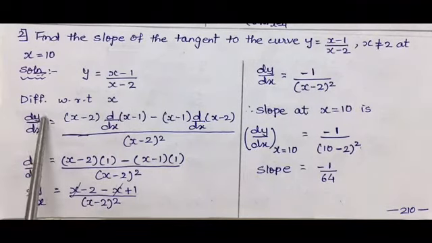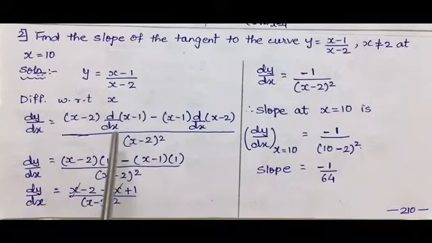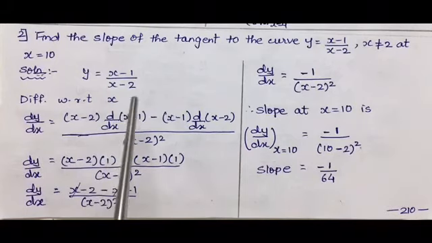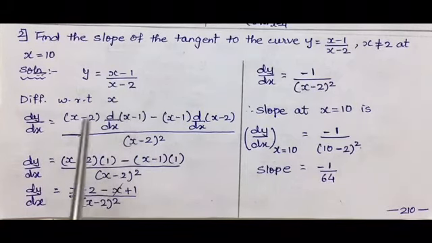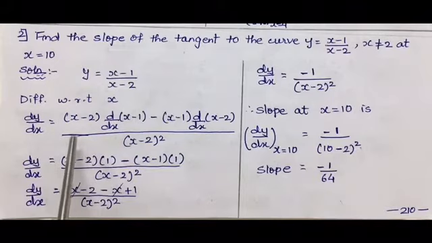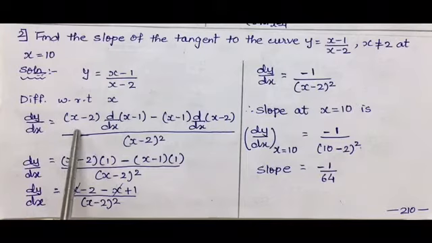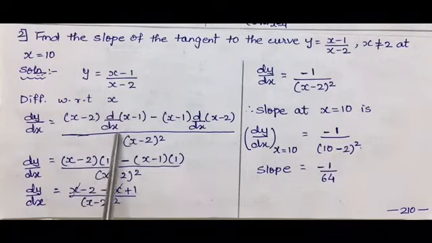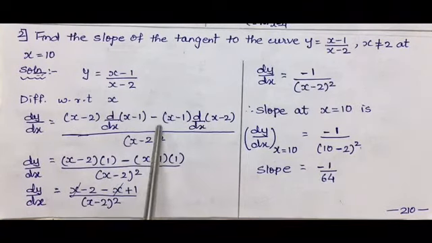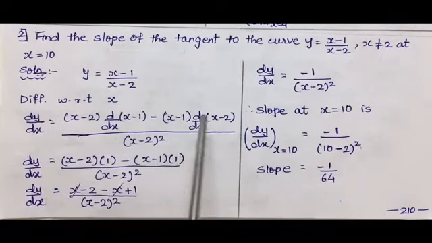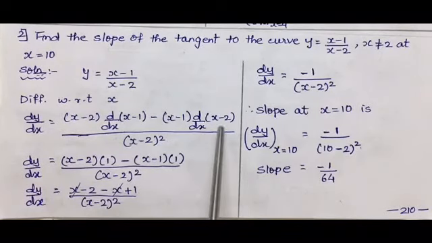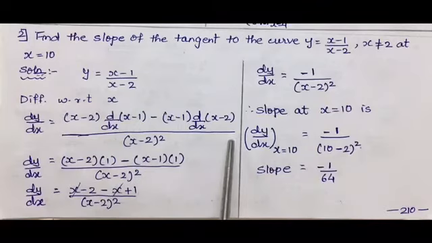So that makes it dy by dx is equal to, using the division rule of differentiation, we get here x minus 2 as it is, d by dx of x minus 1, minus x minus 1 as it is, d by dx of x minus 2, whole divided by x minus 2 whole square.